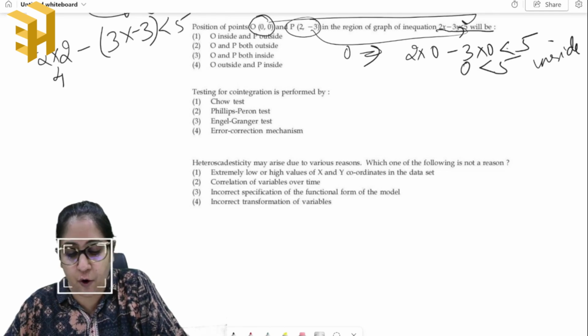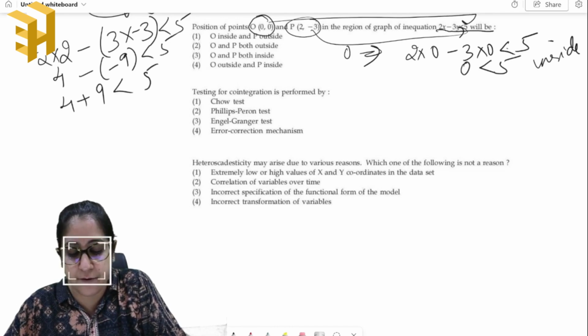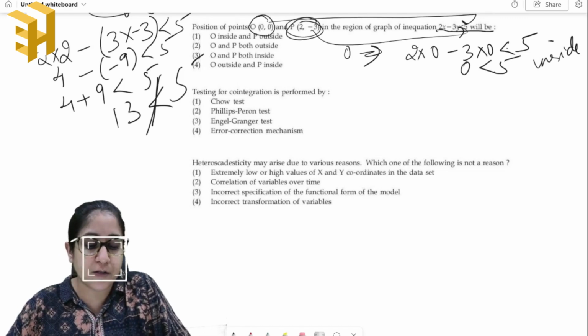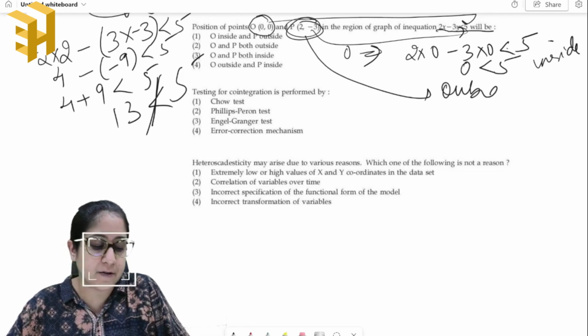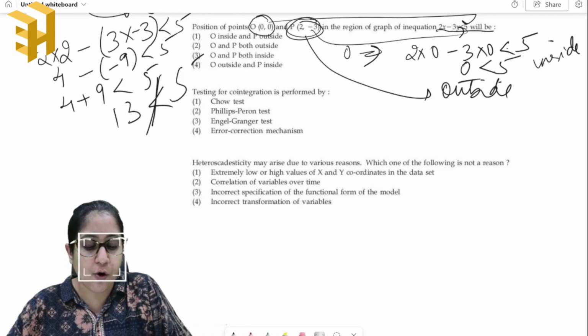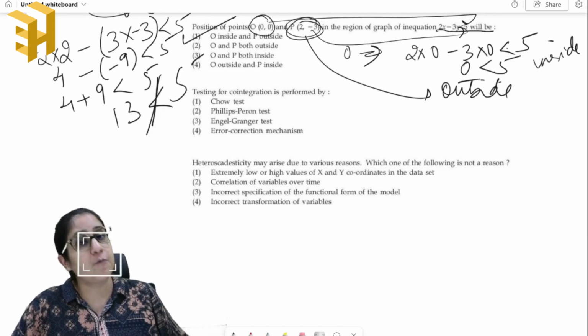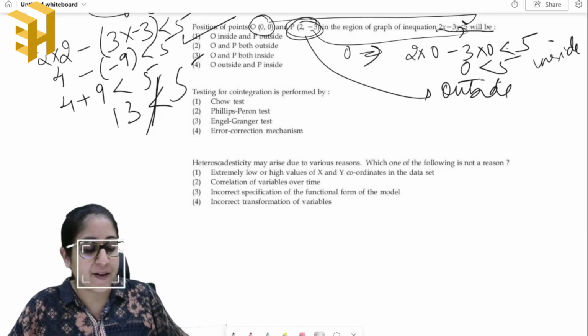Let's see. 4 minus 9... 4 plus 9 less than 5. But 13 is not at all less than 5. So this point is outside the region, right? So O is inside and P is outside. That makes option 1 the correct answer, right?